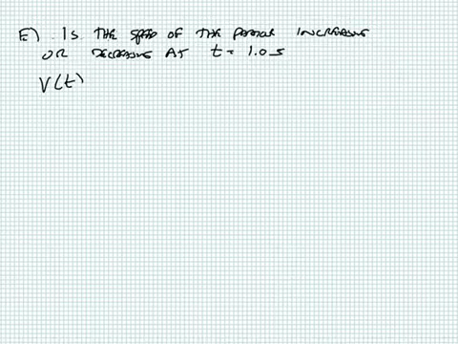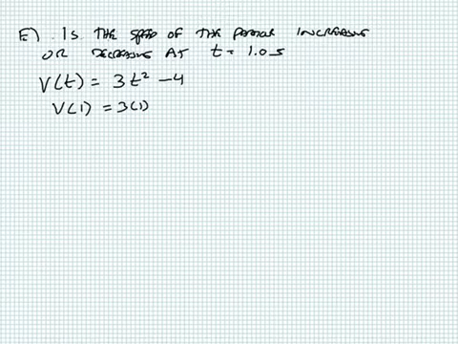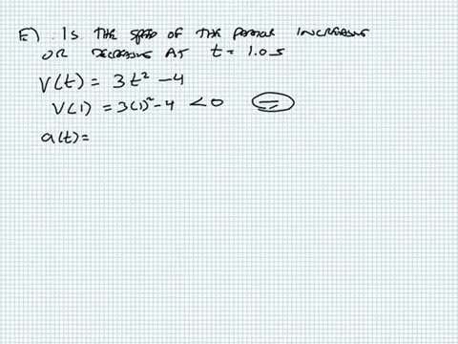So I know that the equation for velocity, v as a function of time, is 3t squared minus 4. So v of 1, at 1 second, is going to be 3 times 1 squared minus 4, which is less than 0. Remember, I only care about the signs for this question. And then the acceleration given in the original problem statement is 6t.